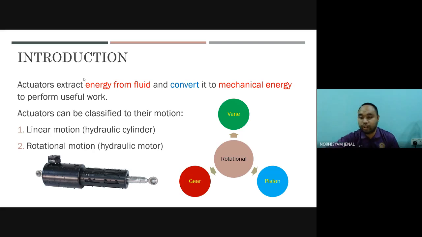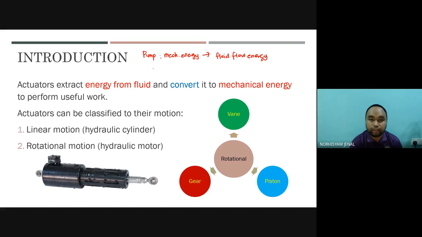Let me put it here. If you are talking about a pump, you are converting from mechanical energy into fluid energy or fluid flow energy. And what happens when you have actuators?